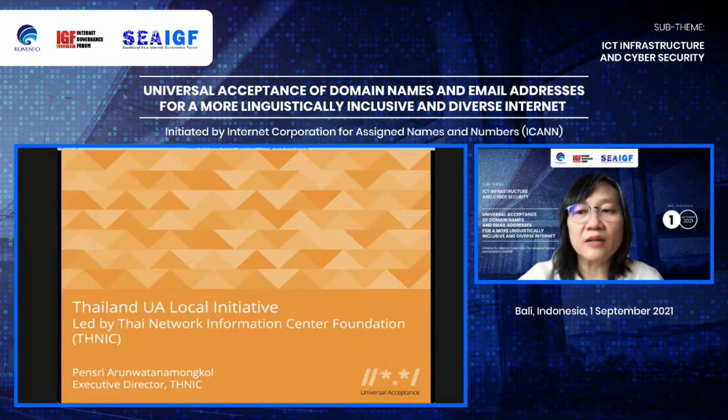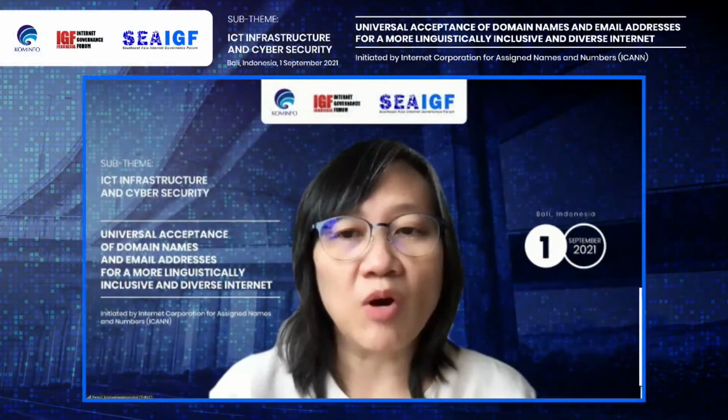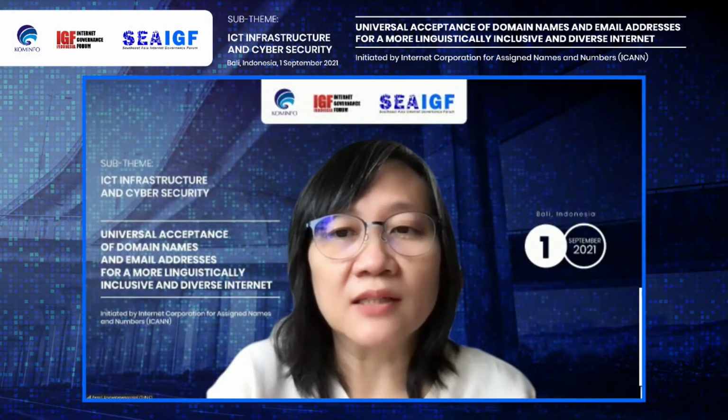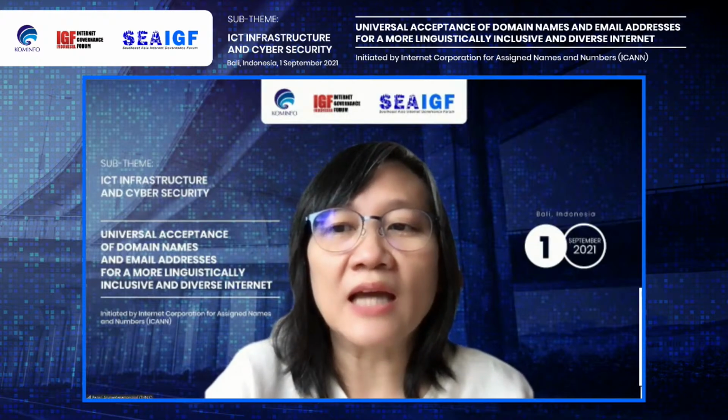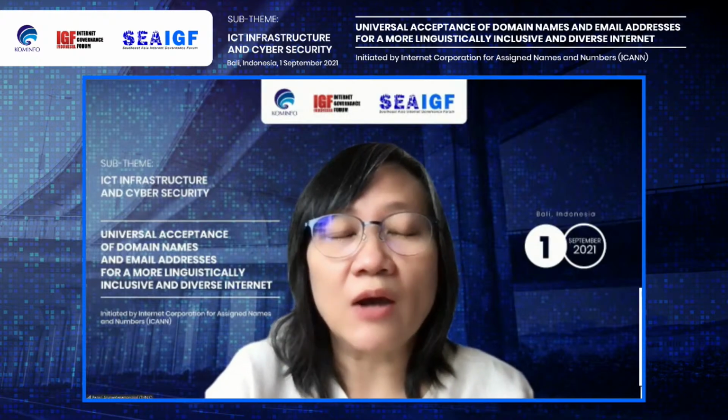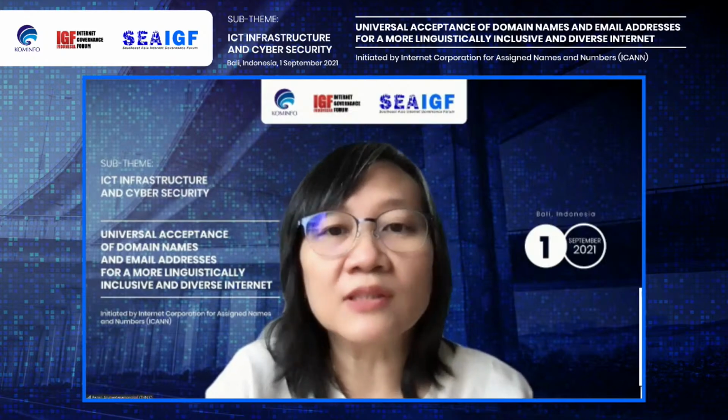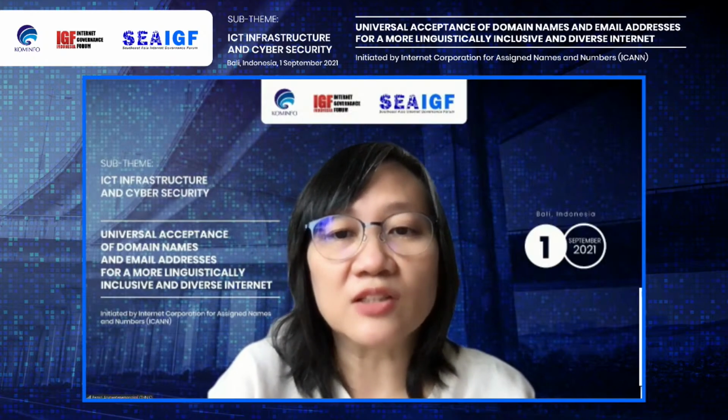The Thai Network Information Center Foundation, or THNIC, is the supporting organization of .th and .ไทย, the IDN ccTLD. As of January 2021, we have more than 33,000 domain names registered under .th and around 18,000 domains under .thai.